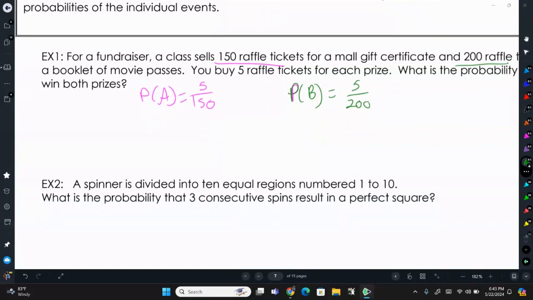So the probability together is 5 over 150 times 5 over 200, and that's going to be 25 over a big number, and maybe we should have reduced the fractions ahead of time, but it's okay. 25 over 30,000, and that can be reduced to 1 out of 1,200. So we have a 1 out of 1,200 chance to win both prizes.